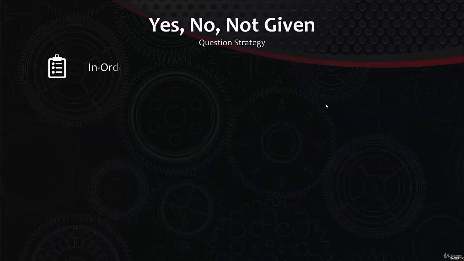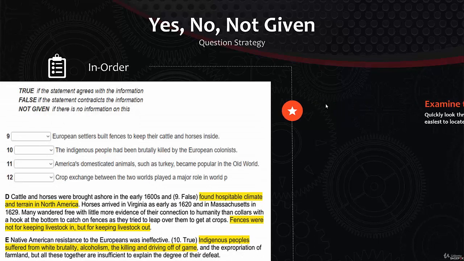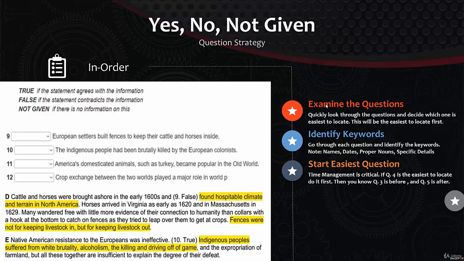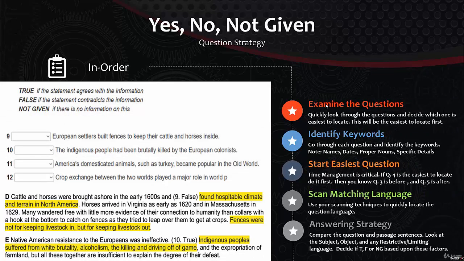Let's look at another example. In this one, it says European settlers built fences to keep their cattle and horses inside. The sentence says cattle and horses were brought ashore in the early 1600s and found hospitable climate and terrain in North America.